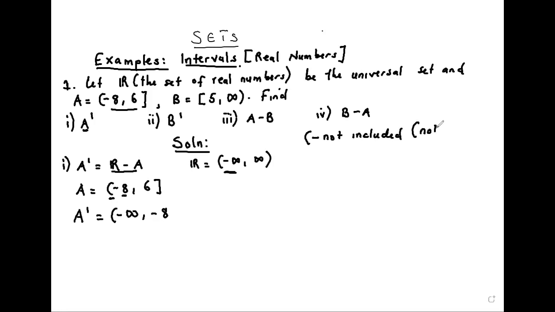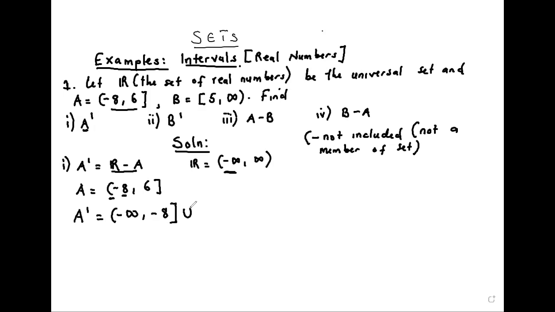Not a member of the set. So -8 is not a member of A. And if -8 is not a member of A, then it's a member of A complement. So include it in the complement.